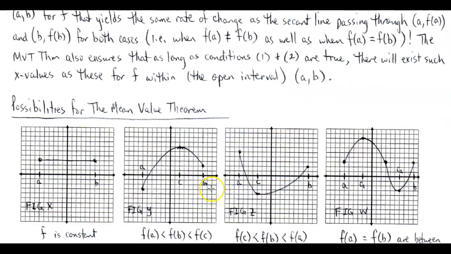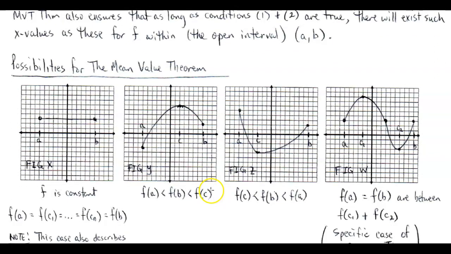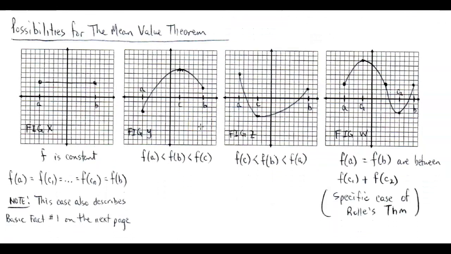All right. So what are the possibilities for what a graph would look like, without loss of generality, for the mean value theorem? Okay. So notice that I have these conditions here. Now this graph, where f is constant, remember that the intermediate value theorem could not handle this situation.